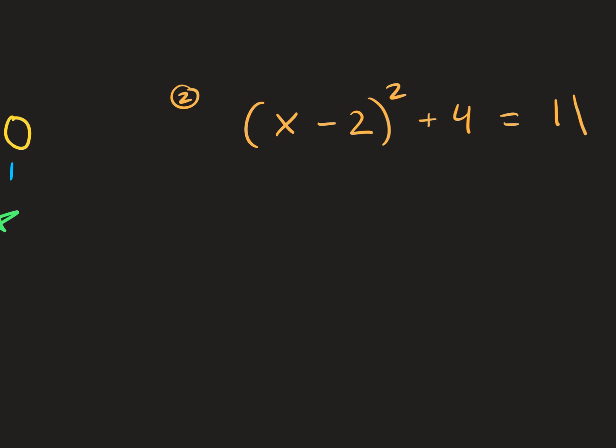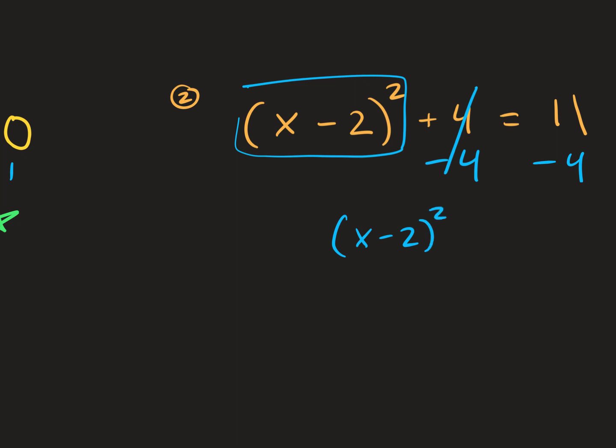What would we do to solve here? Move the 4 over. We want to get the x minus 2 squared all by itself, so we subtract 4. So x minus 2 squared is equal to 7.